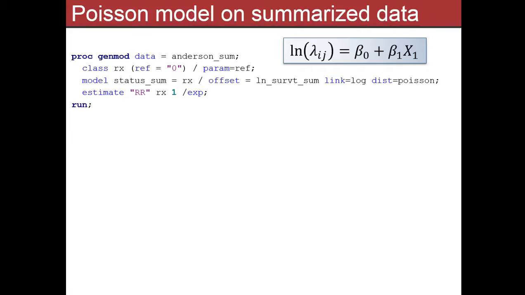Here we have model status sum, the count of the failures, equals treatment. Offset equals log of person time, survival time. Link equals log, dist equals Poisson. So this is standard Poisson regression stuff.